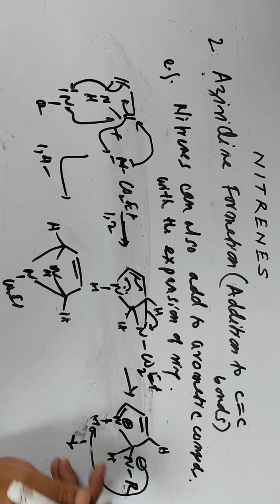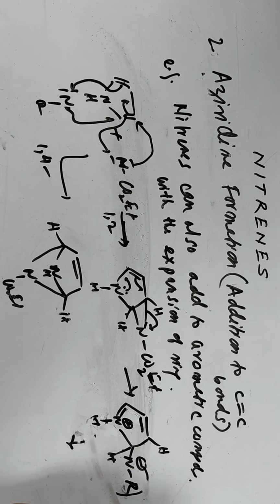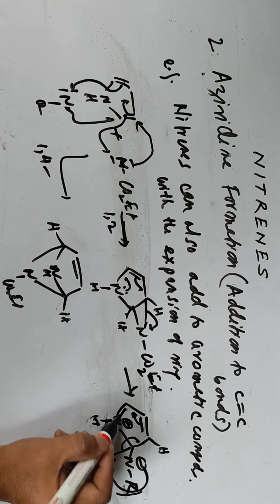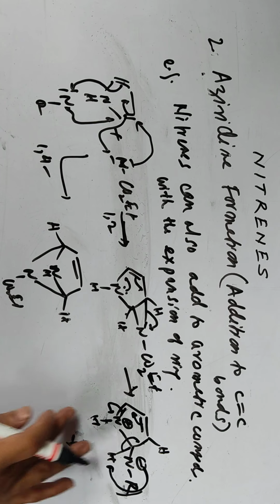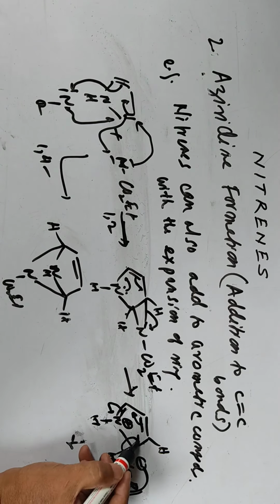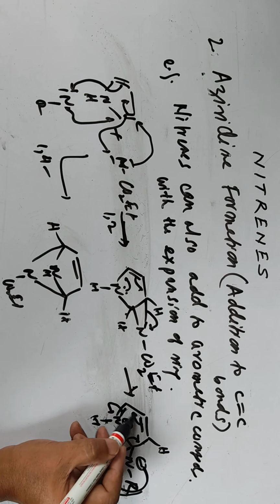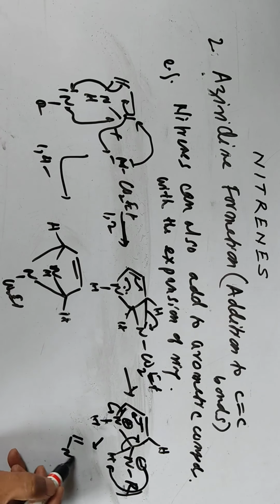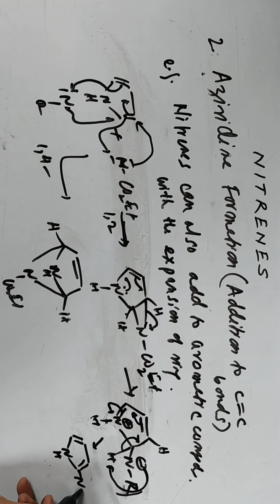Or you can have it this way, with the proton picked up and the N-CO2Et here. The mechanism is like this: pick up the proton from here, so a double bond forms from here and a double bond from here. So the final product will be N-CO2Et. This is our one product.